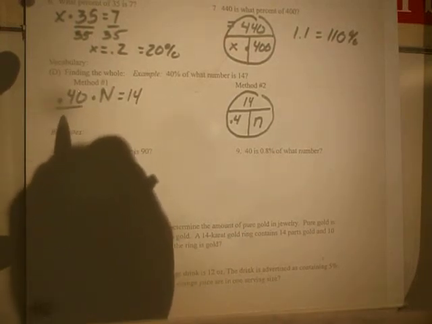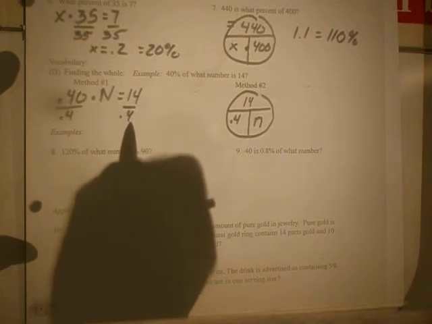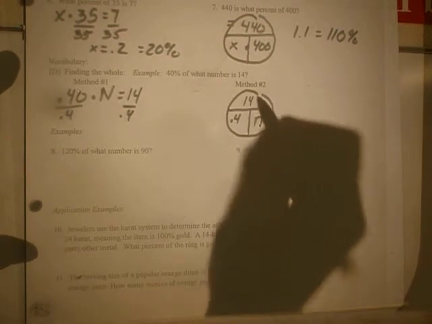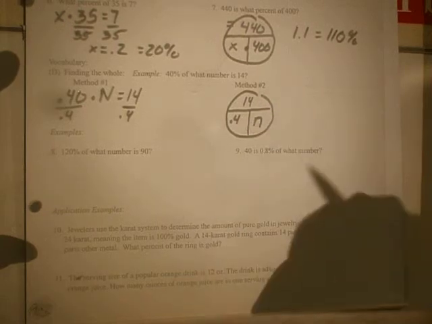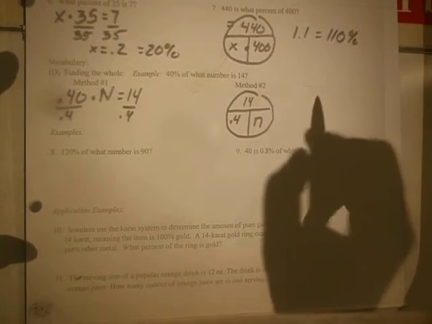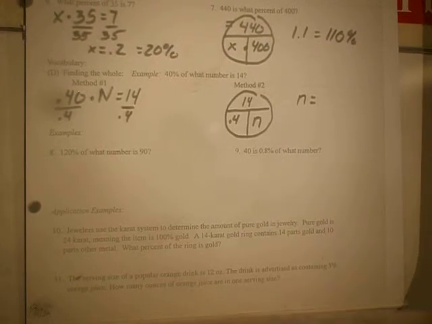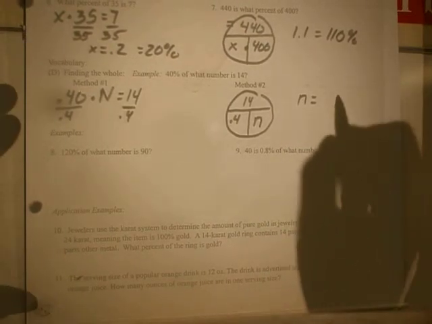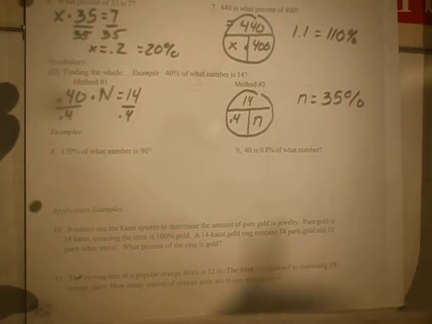And either way you choose to solve this, you're going to take the 14 and divide it by 0.4. Over here, 14 divided by 0.4. And what do you end up with for your decimal or percent? 35? So 0.35 or 35%.